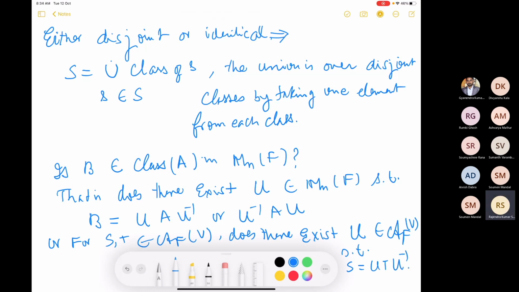That means, is S similar to T, or is B similar to A? And if they are similar, what could U be? Finding such a matrix U or a regular linear transformation U with this property becomes quite interesting. This is just for you to have a look at.